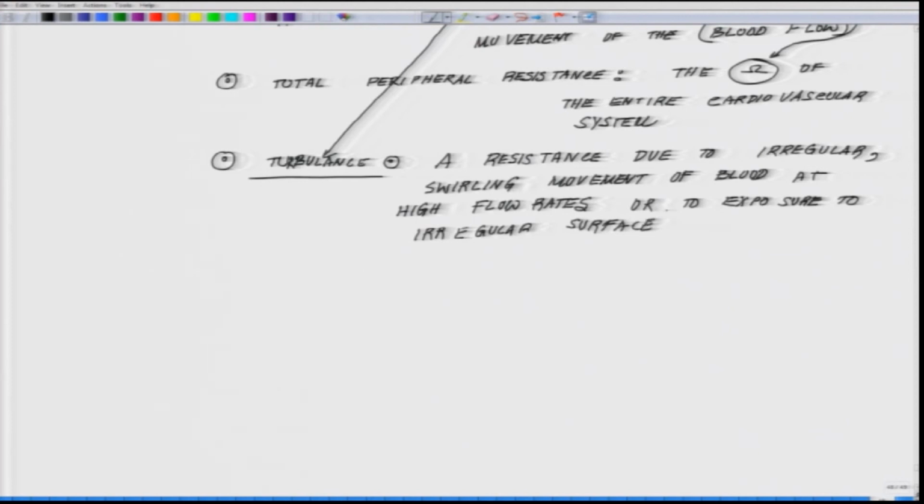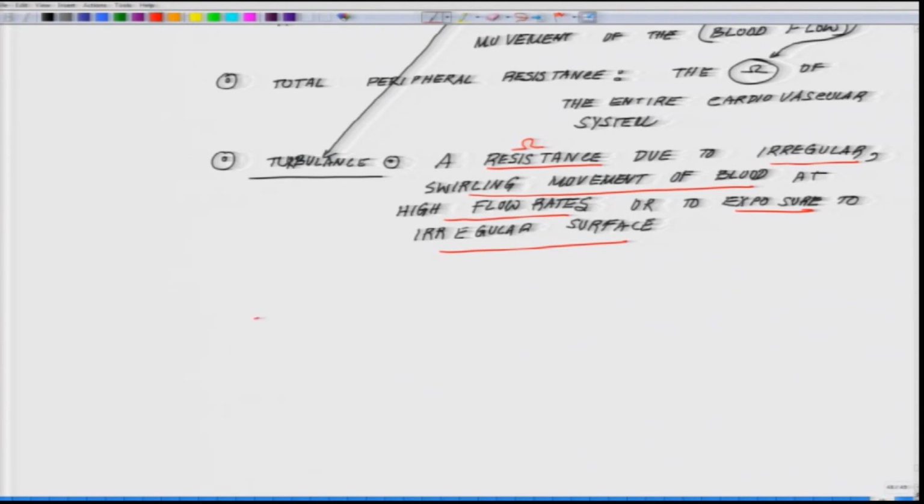Now, if you look through this definition, you are getting a resistance due to irregular swirling movement of the blood at high flow rates or exposure to irregular surface.